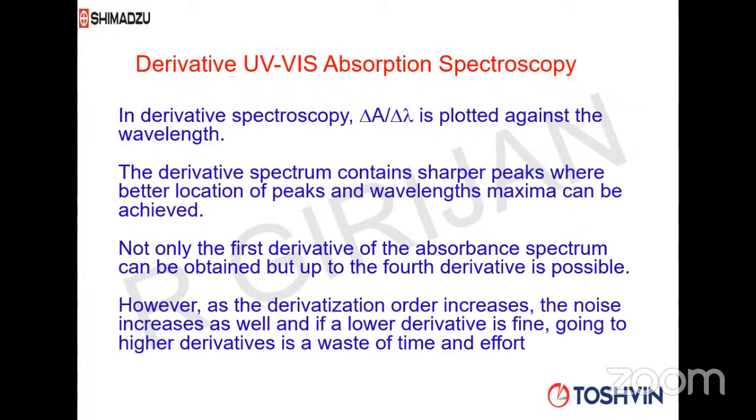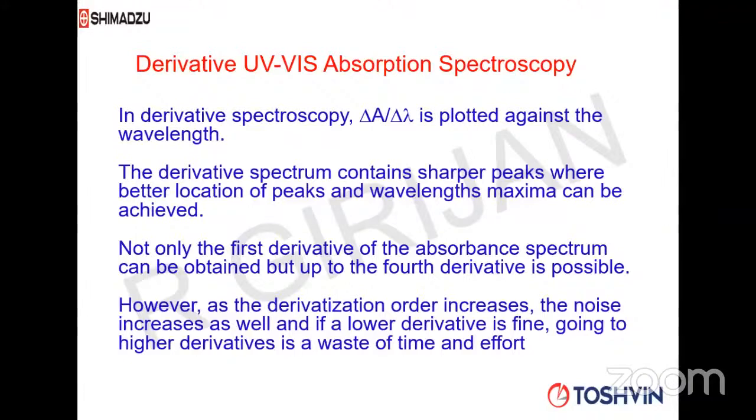And there are four different derivative spectrum orders, 1 to 4. But as you increase the order of derivatization, you have to keep in mind that your noise level also will increase. When the noise level increases, that can reduce your signal to noise ratio.